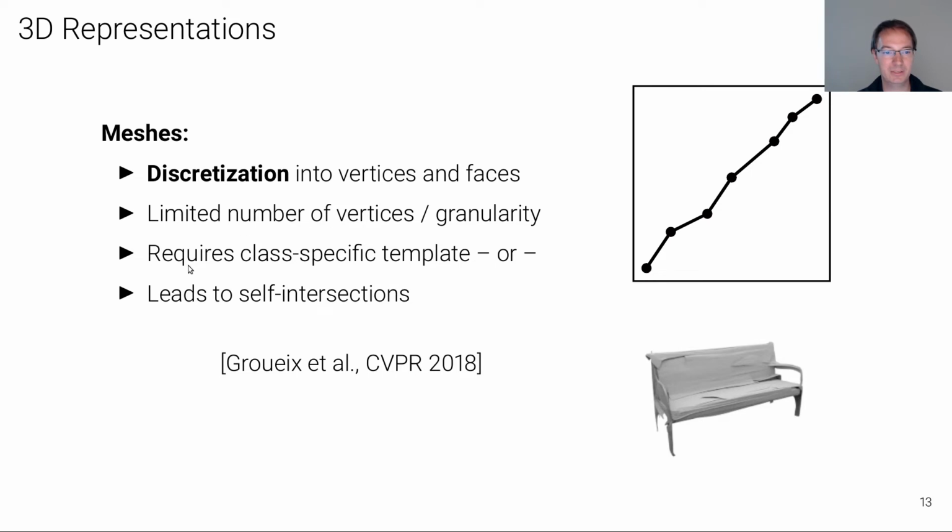And more importantly, they require either a class-specific template that is deformed, like a mesh model or a human body model that is deformed, or they are patch-based approaches that lead to self-intersections and non-watertight meshes, as in this example here of AtlasNet. The reason for this is that meshes are just a very difficult output representation. It's very hard for a neural network to predict a mesh.